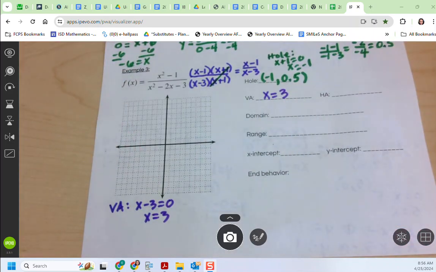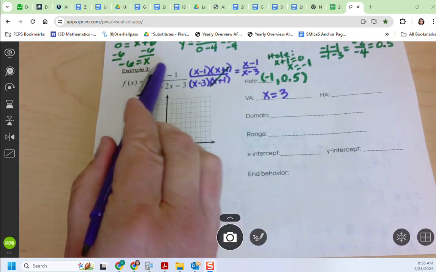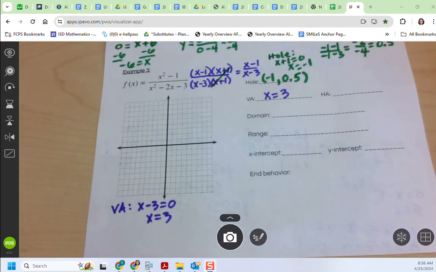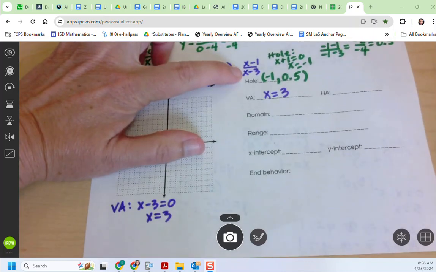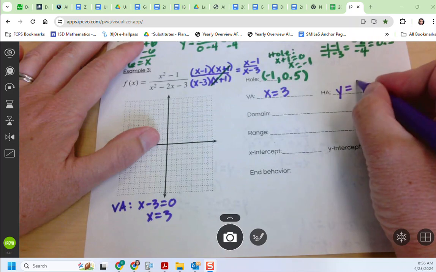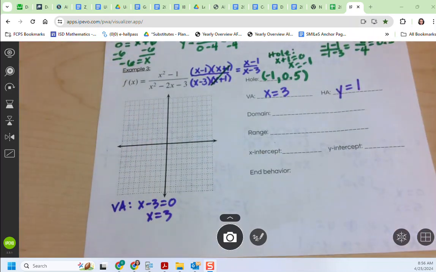So far, everything that we've done has had the same horizontal asymptote. That's not going to always be true. But in this case, they had the same degree on the top and the bottom, even reduced same degree. The coefficients are still just 1 and 1, and so that's why we still have a horizontal asymptote of y equals 1. It's not always going to be true, but it is today.